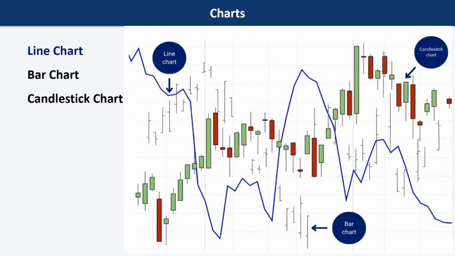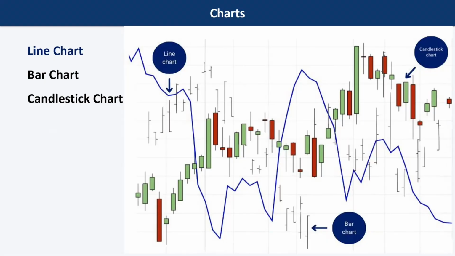Means in a day, when the day starts, we will find the open price, and when the day ends, we will find the closing price. In between, if the prices are falling, it is called low. If the prices are increasing, it is called high. So like this you can understand bar charts. And coming to the third one, candlestick chart.